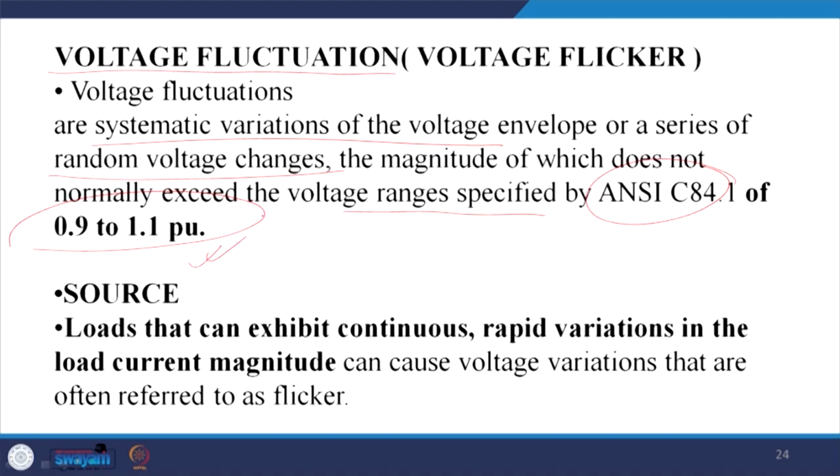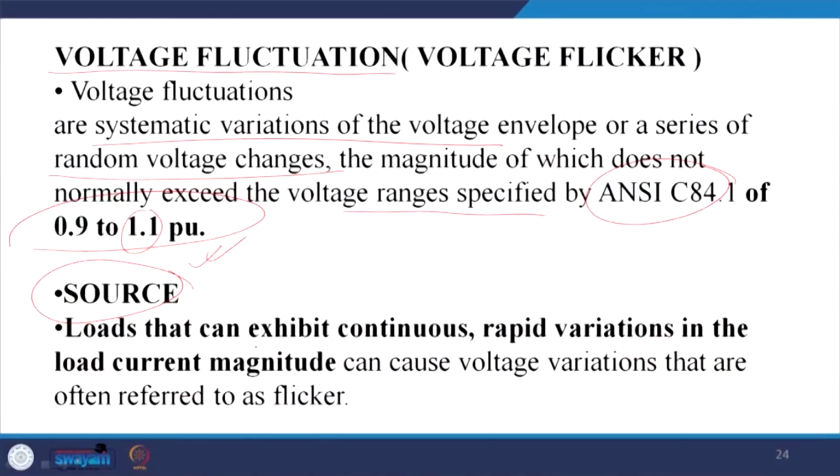This is the range within which we say voltage fluctuation, neither sag nor swell. Sag is below 0.9 and swell is 1.1 to 1.8. Within that, if you have a variation, then we say it is a voltage fluctuation.